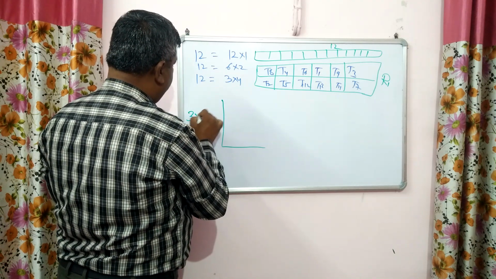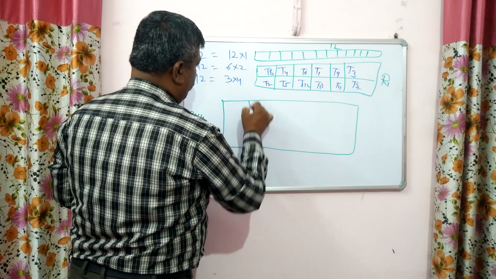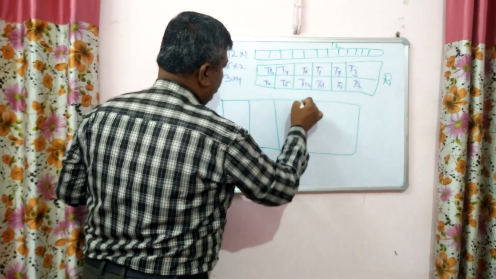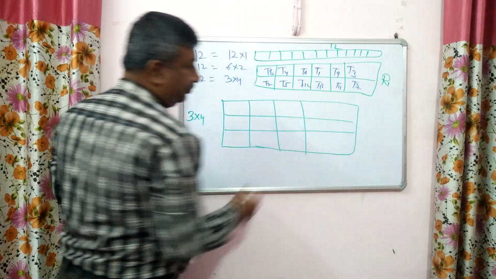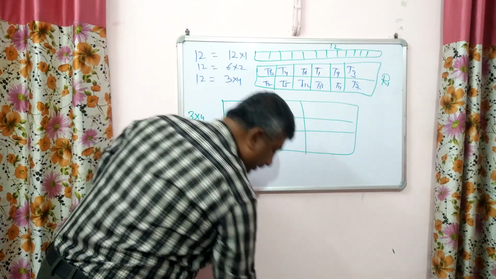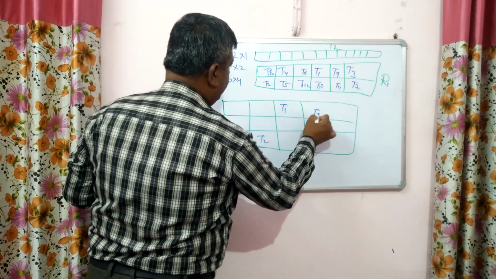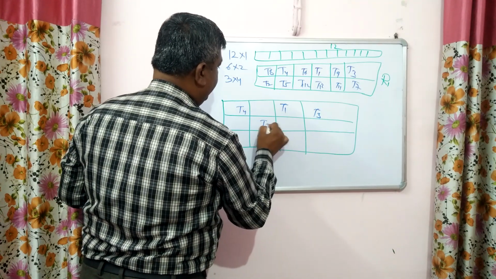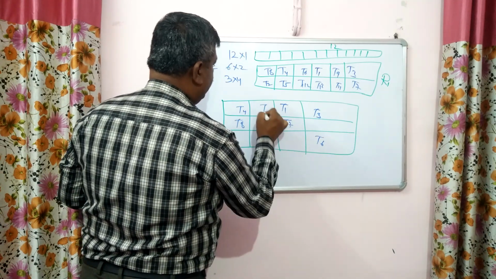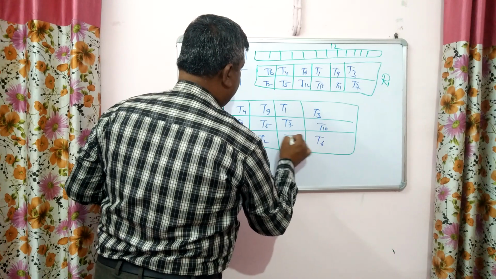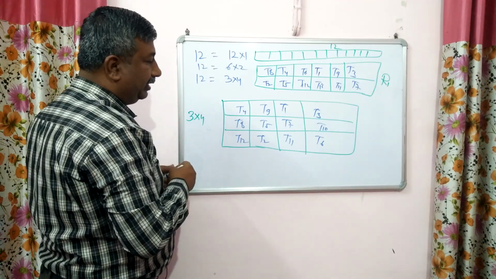Suppose it is 3:4, maybe 1, 2, 3, 4, then in this way. Then we can allocate the treatments T1, T2, T3, T4, T5, T6, T7, T8, T9, T10, T11, T12, maybe like that.